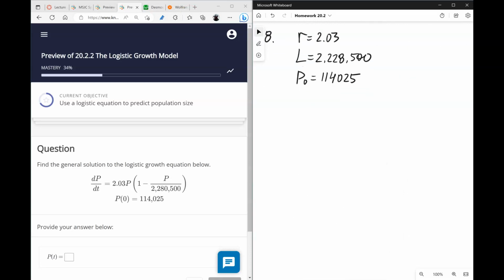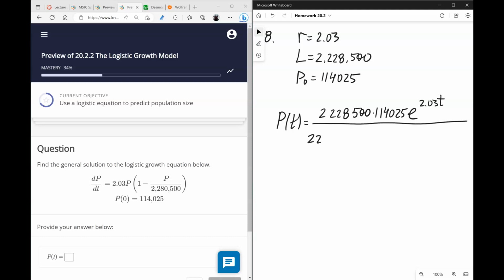So it's going to be 2,228,500 times 114025 e to the power 2.03t divided by 2,228,500 minus 114025 plus 114025 e to the power 2.03t.